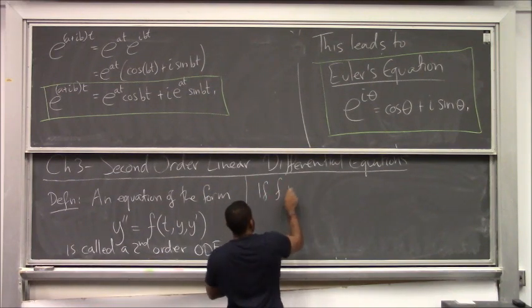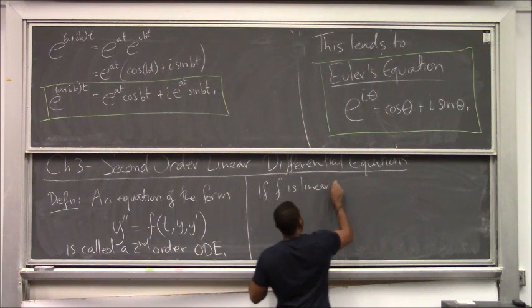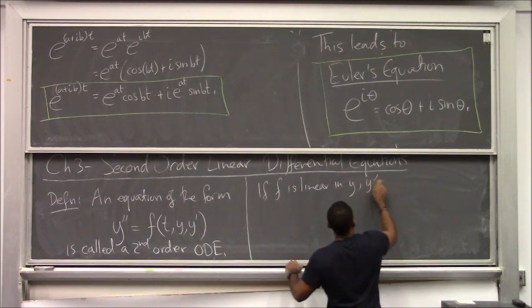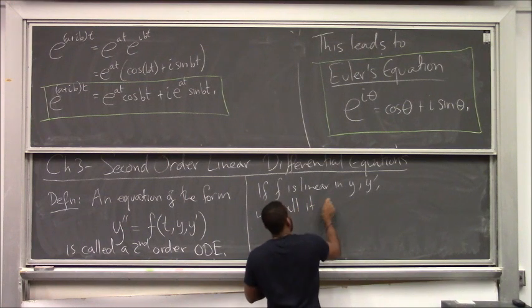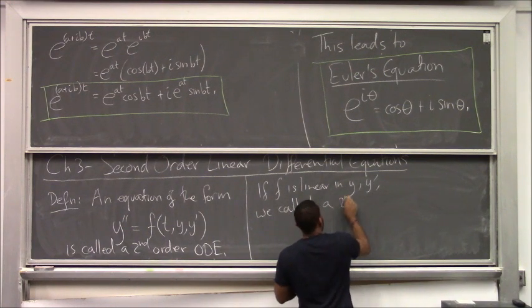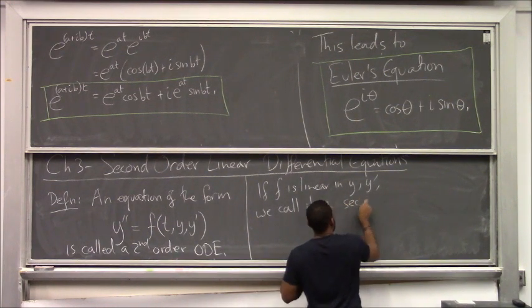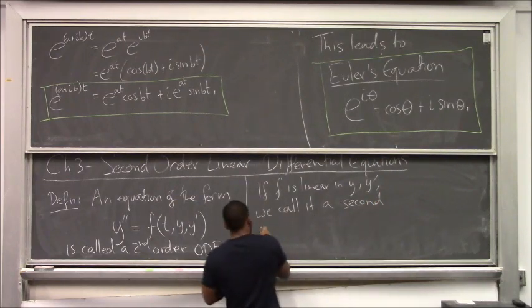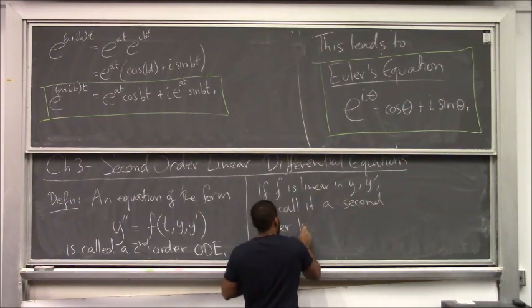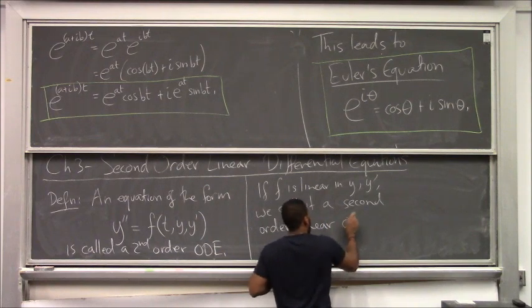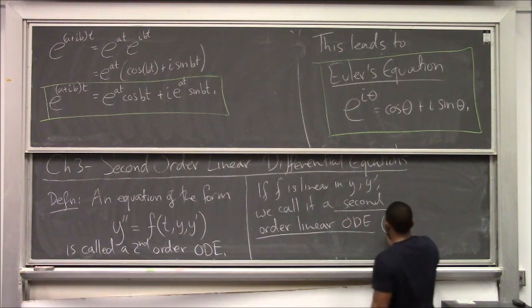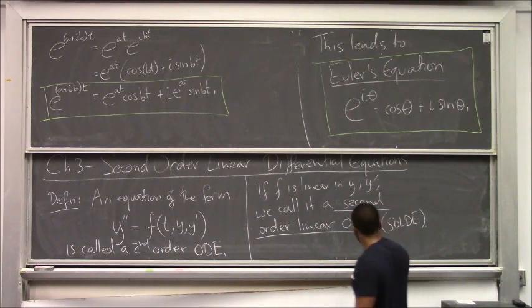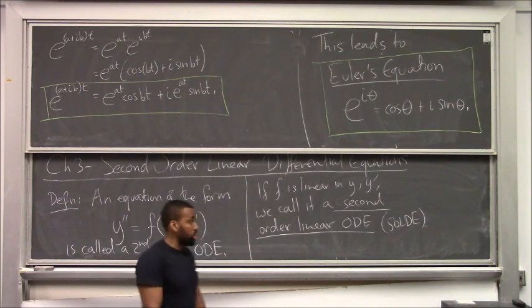If f is linear in y and y prime, we call it a second order linear ODE. I will from now on write solely that. Right? Second order linear differential equation.